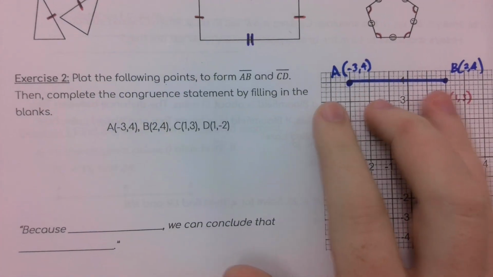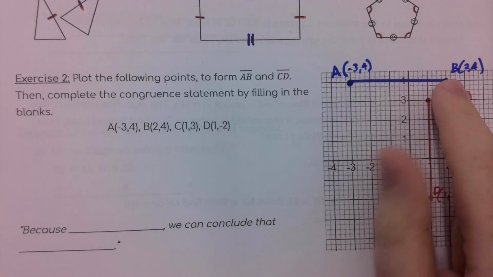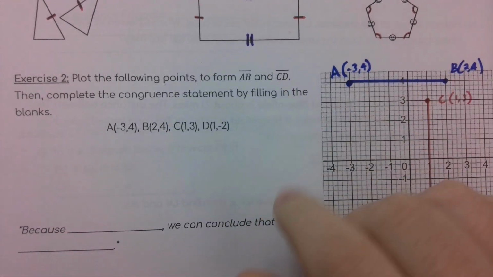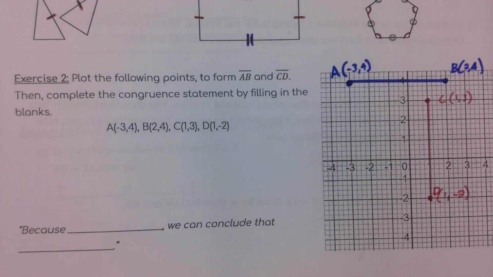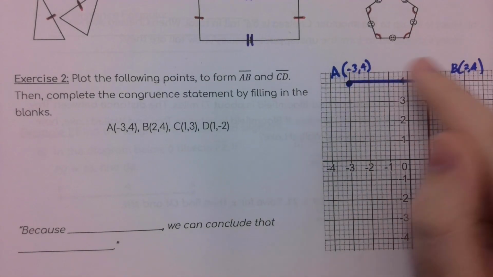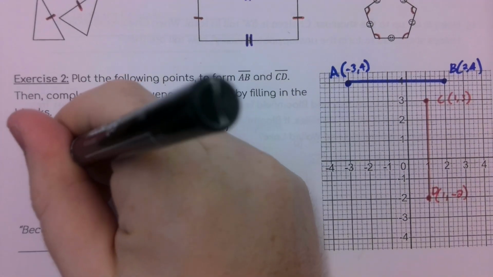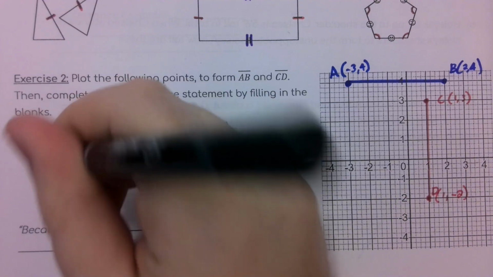We can find the distance between points A and B. Notice that A and B are horizontal with each other. They have the same y coordinate. So really, if I wanted to find the length of AB, I could just use the distance formula.